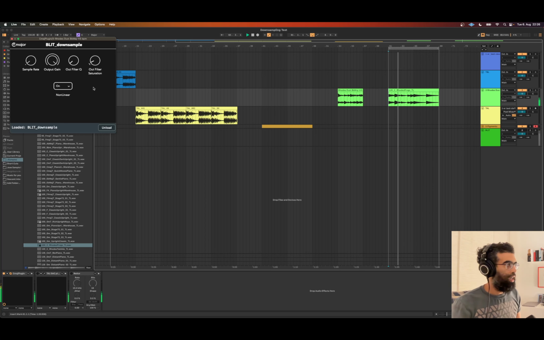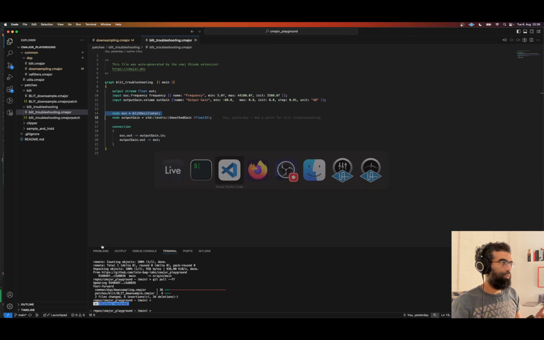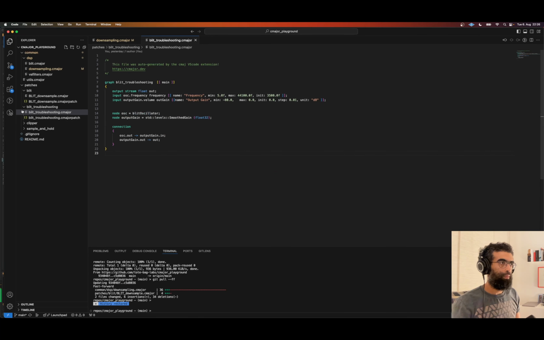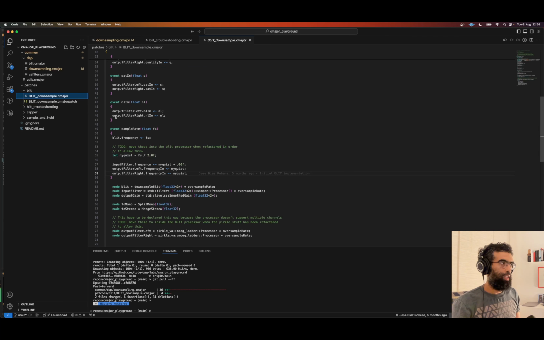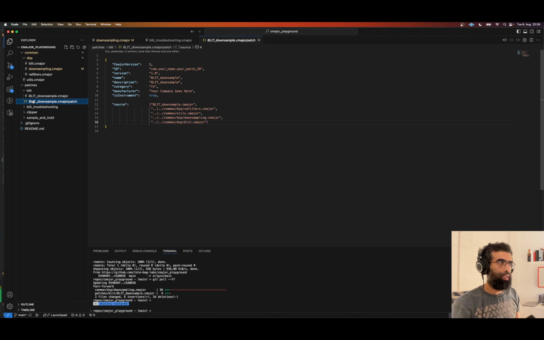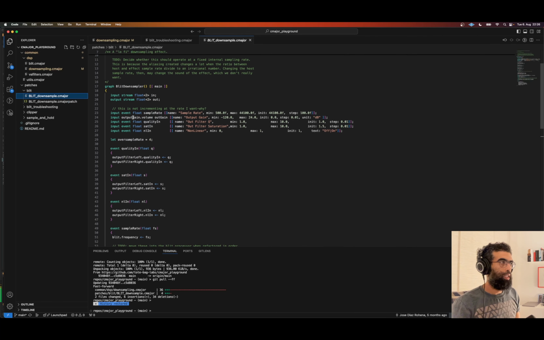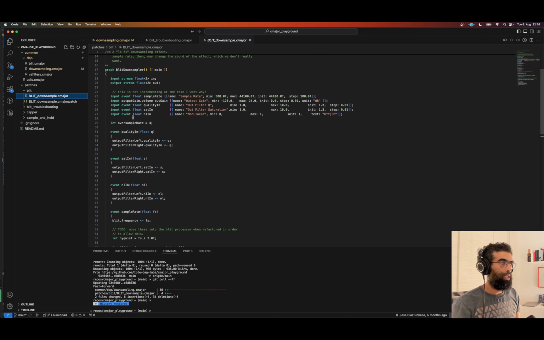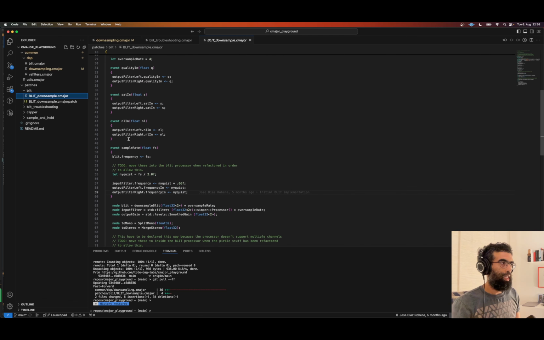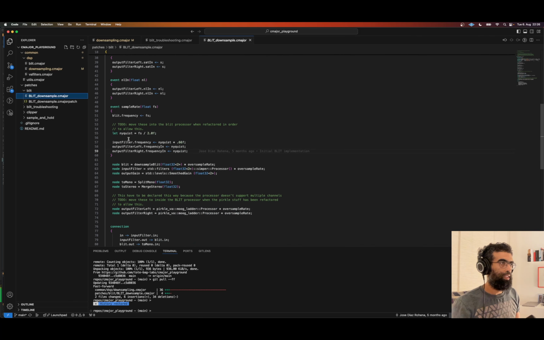Now, in the middle of playback, let's switch the downsampling effect from using the STK. Oh, and I'm looking at the wrong thing.